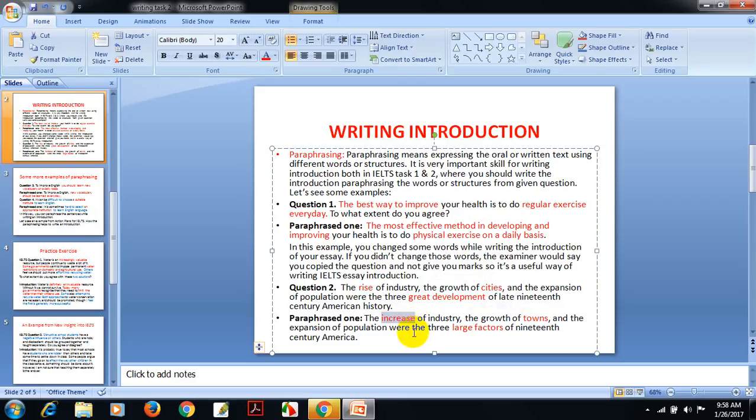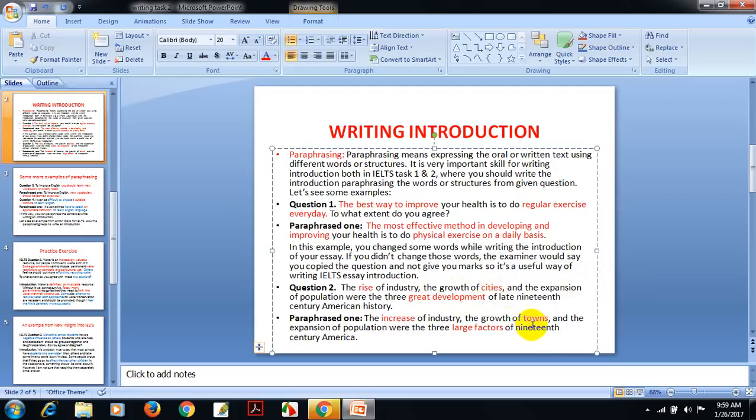You don't have to copy; you have to change a little. The growth of towns: at least you change cities into towns.